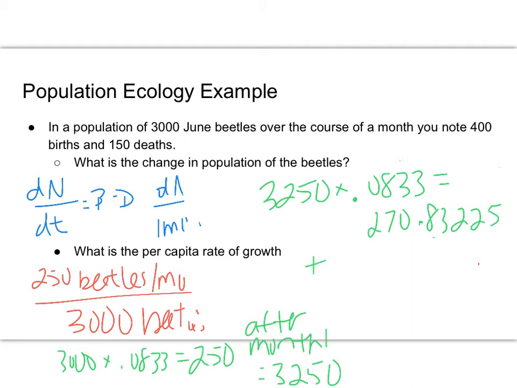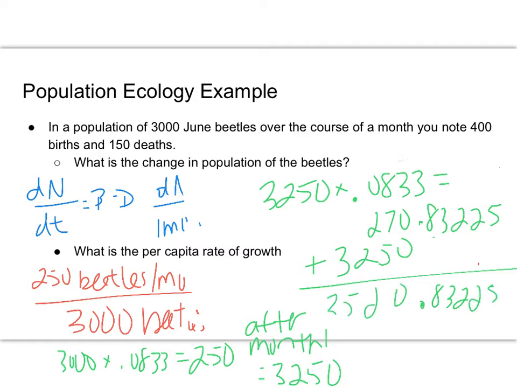So now when I add that number to 3,250, after the second month, I have 3,520.83225 beetles. Again, remember it's an average, so I can have a part of a beetle. Okay, this is a different answer than if I had just added 250 both times.